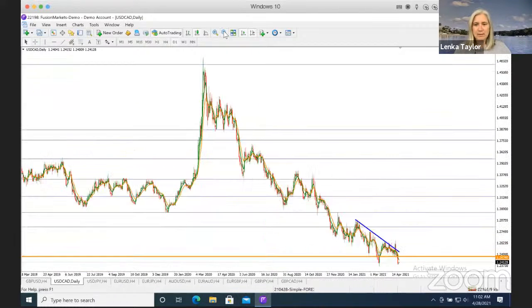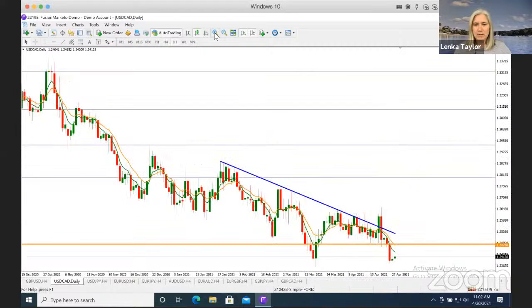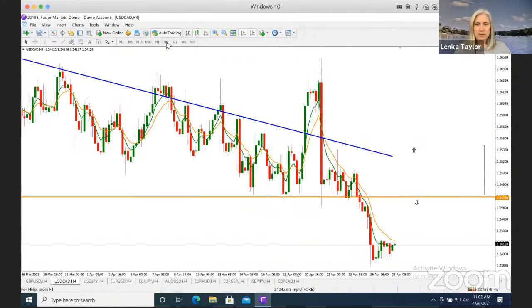Here on the daily, it looks like it could be a double bottom. So I'm just being a bit cautious before taking this trade. So really, I'm looking for a short if the price comes back to that support line and gives a good strong signal that it's going to be reversing.